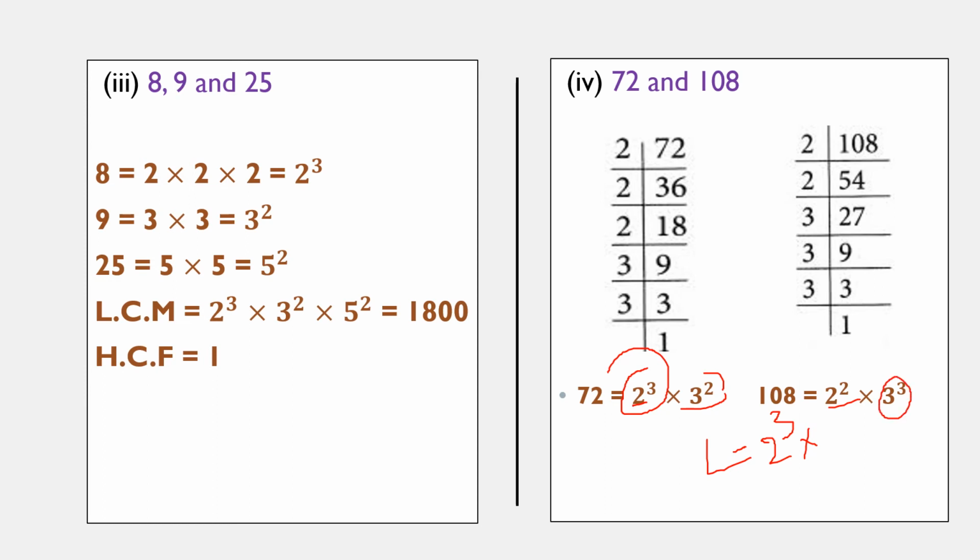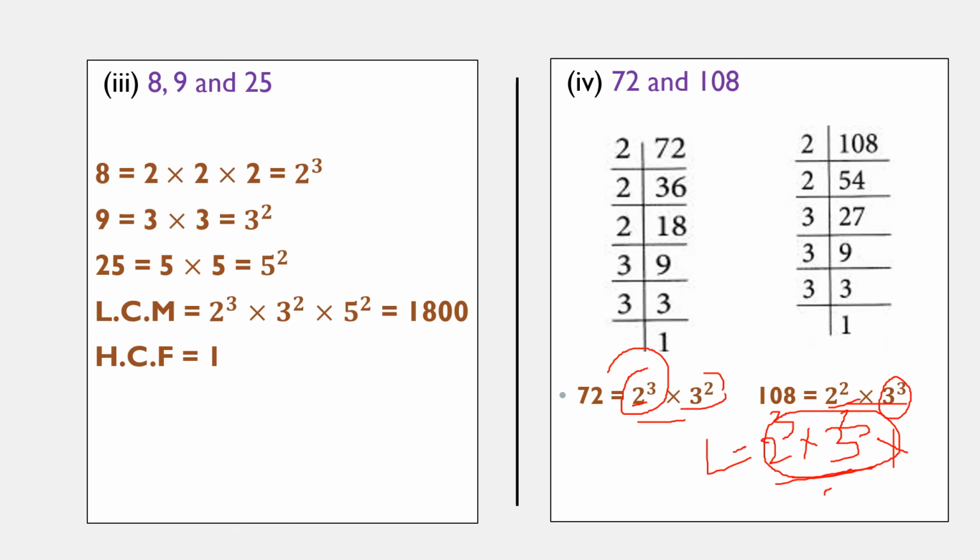From this the greatest power is 3 cube. I wrote 3 cube. From the common you should write the greatest power, and the remaining things also you should write. There are no remaining numbers other than 2 and 3. So your LCM will be 2 cube into 3 cube.